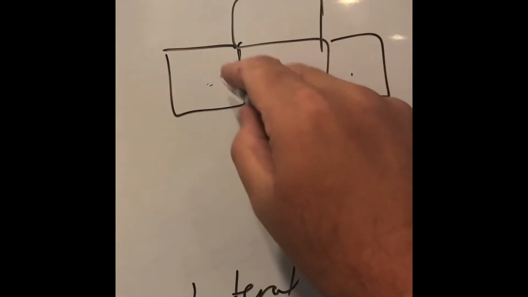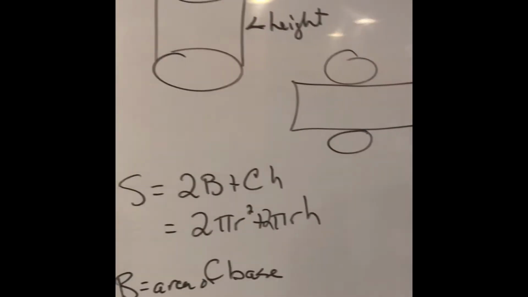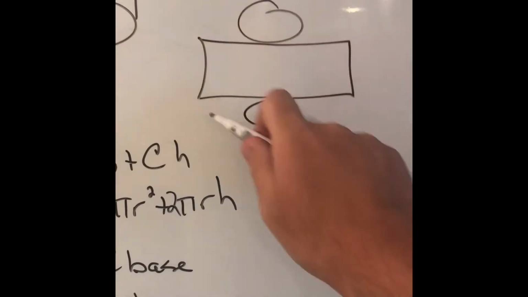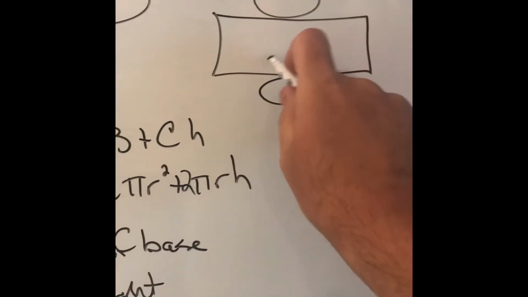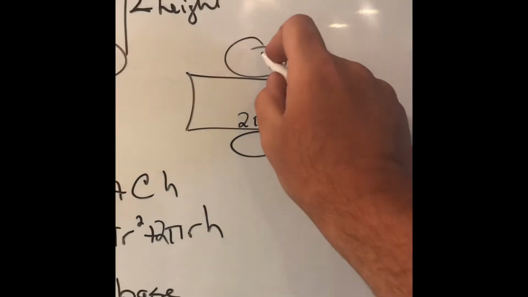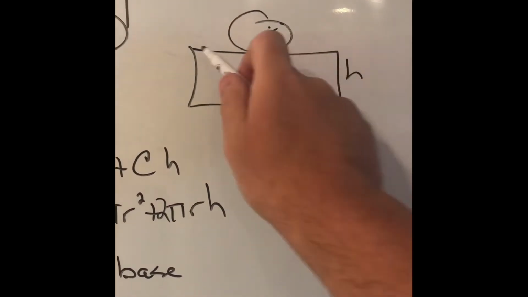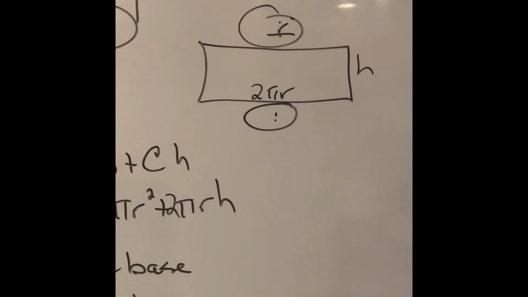So if you wanted to, you could find the area of each of these 4 and then add them up. Same thing over here. You could find the areas of these 2 circles, and then knowing that we're dealing with 2 pi r and h, where this would be 2 pi r and that would be h, you could do your pi r squared for the 2, and then 2 pi rh is actually just this rectangle here. Let's take a look at some examples.